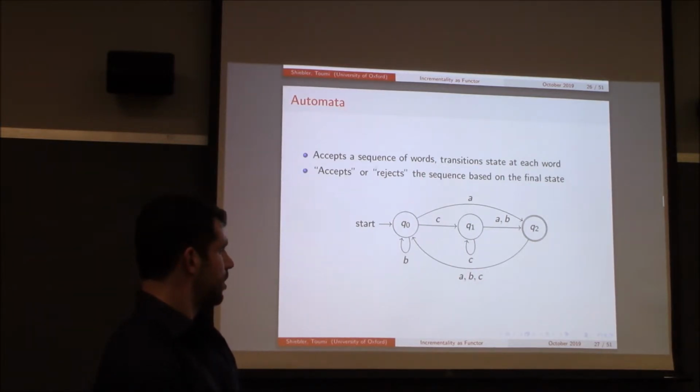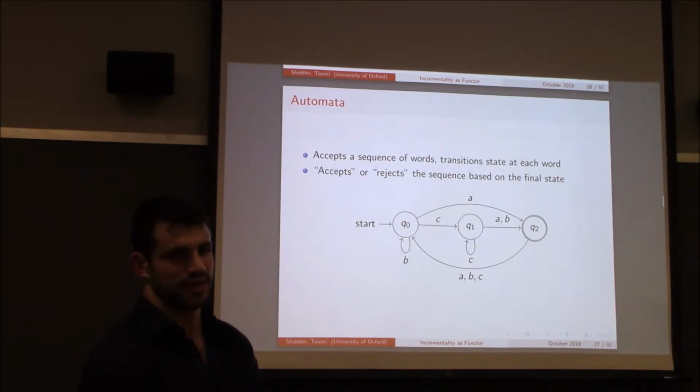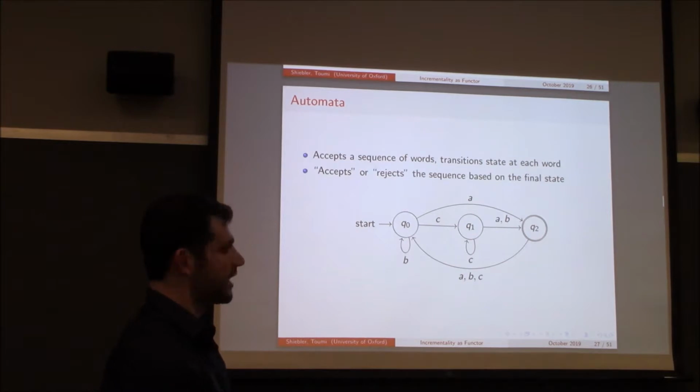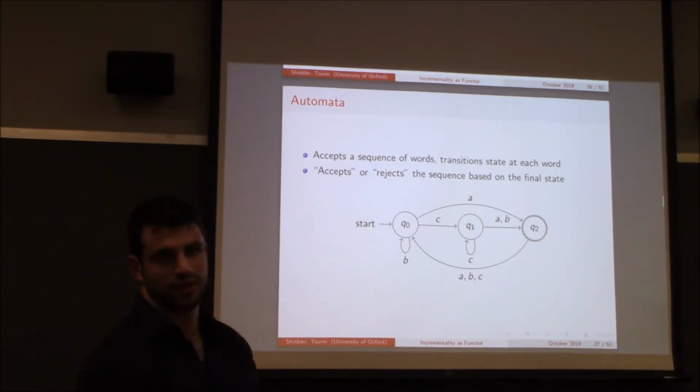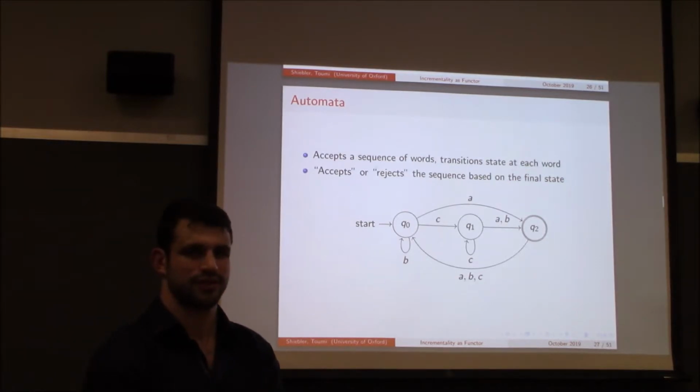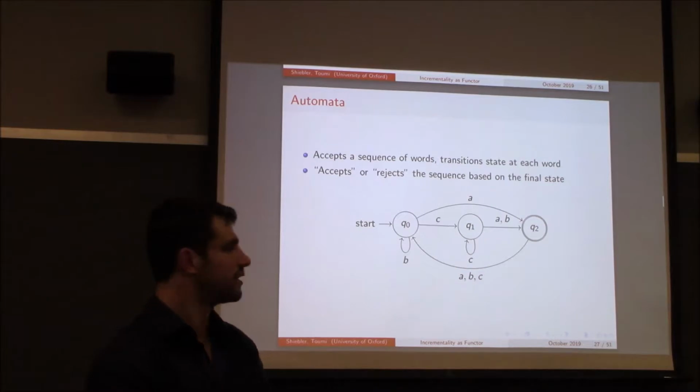So automata are a nice way of describing the different ways that we can parse languages. They're another model of grammars. A finite automaton represents regular languages, and an infinite automaton can represent any language.